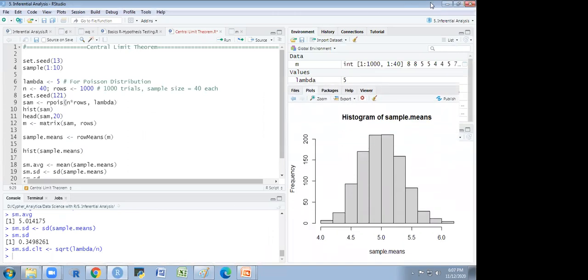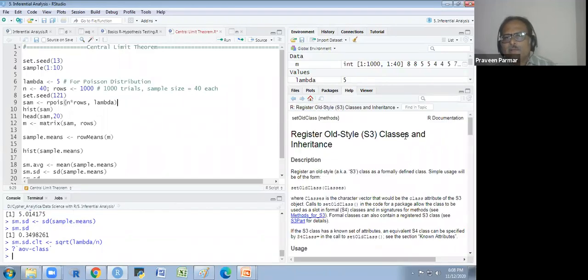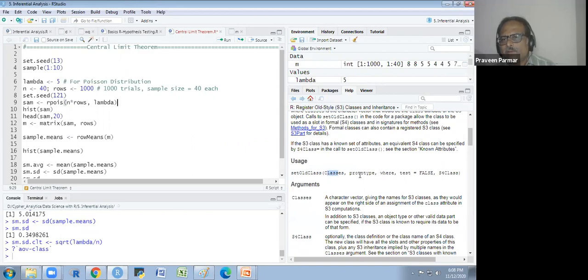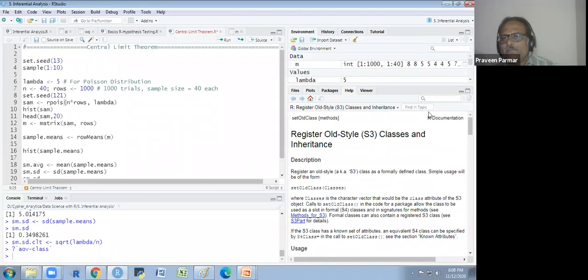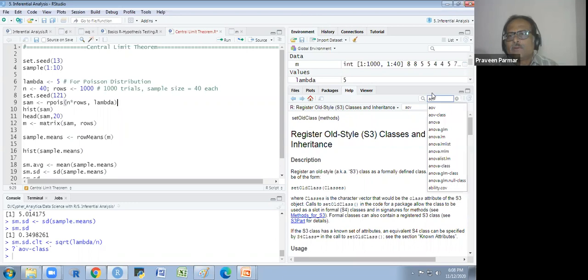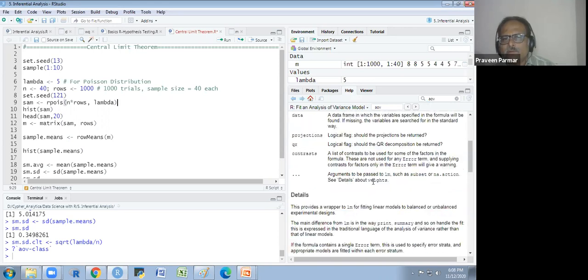If you just write AOV, the manual describes the analysis of variance model, formula, and so on.